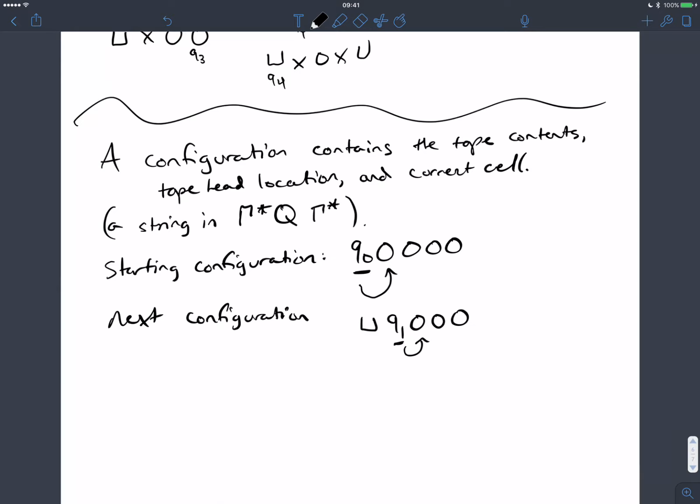Do I need to include an infinite sequence of blanks? Writing the Q0 and Q1 is not actually modifying the input. A configuration is literally just a string of characters that happens to have a single state name in it.